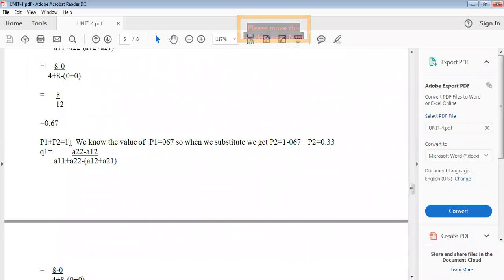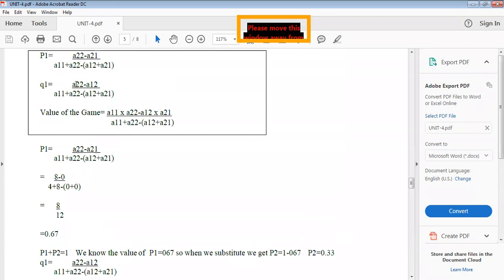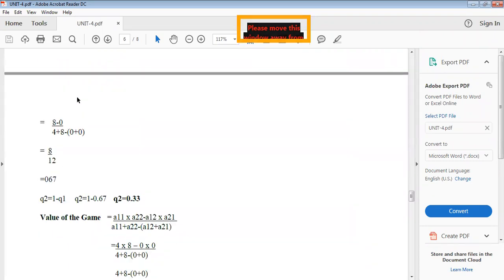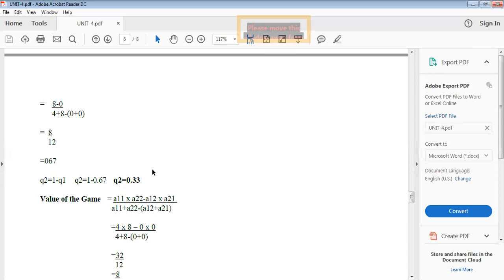P1 plus P2 is equal to 1. And if you substitute P1 is equal to 0.67, automatically P2 is equal to 1 minus 0.67, 0.33. Q1 is equal to A22 minus A12, divided by the same denominator. 8 minus 0 divided by 4 plus 8, again 8 by 12, it is nothing but 0.67. Q2 is equal to 0.33.